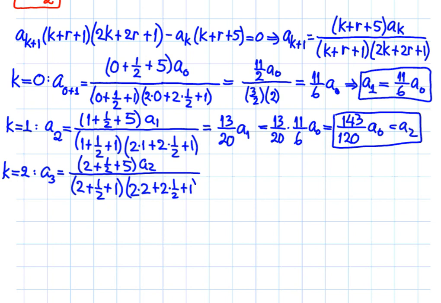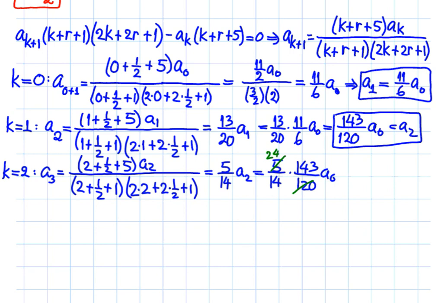And if we do that, we should have 5 over 14 a2, and a2 is 143 over 120 a naught. 5 and 120, that will be 24.